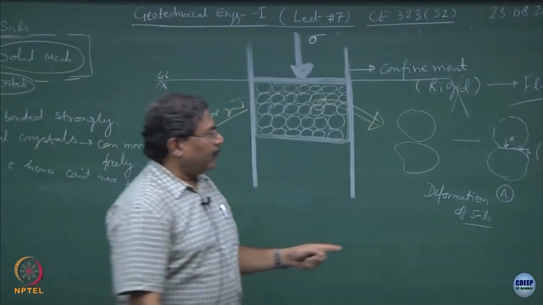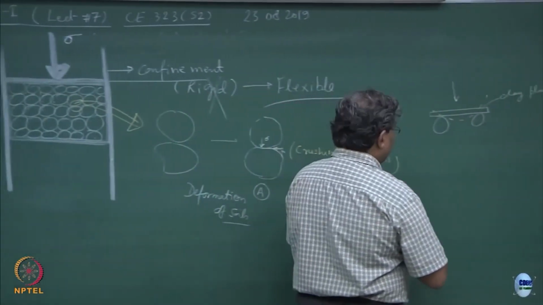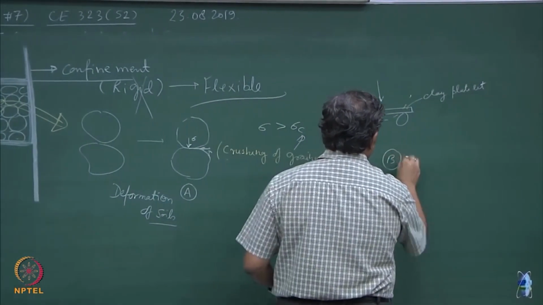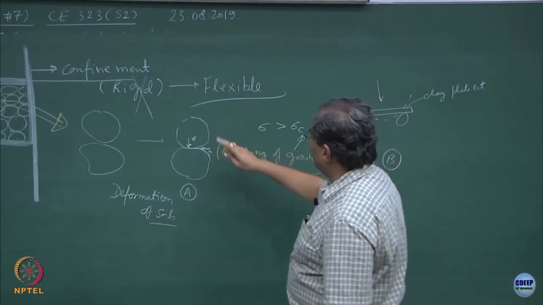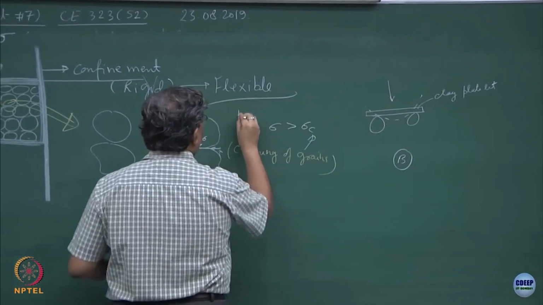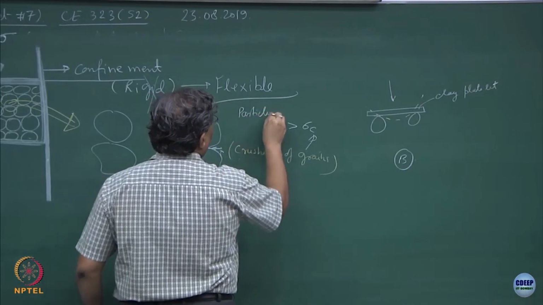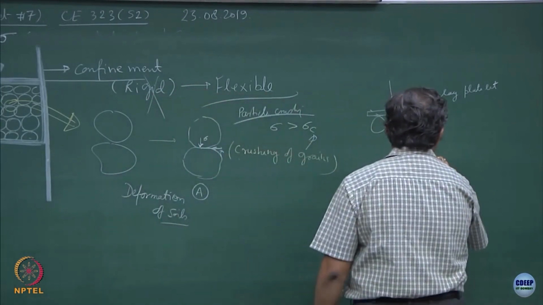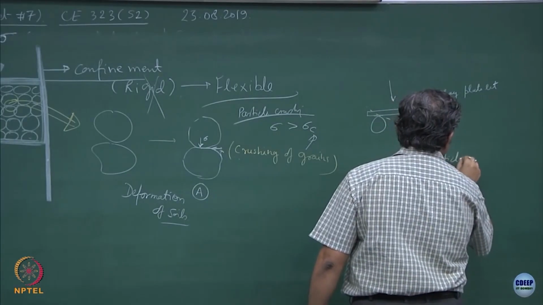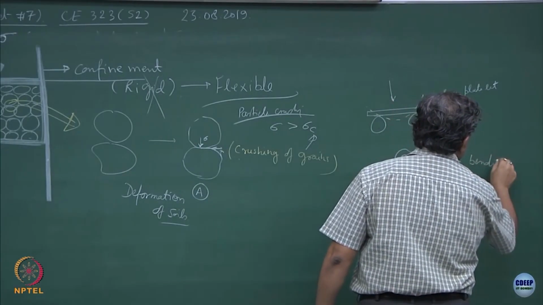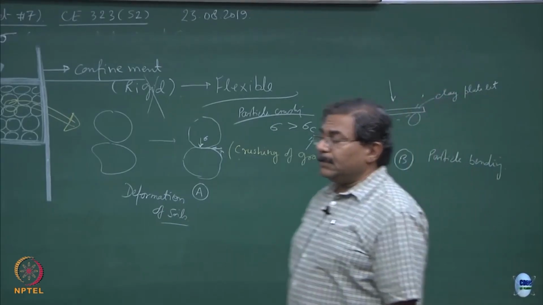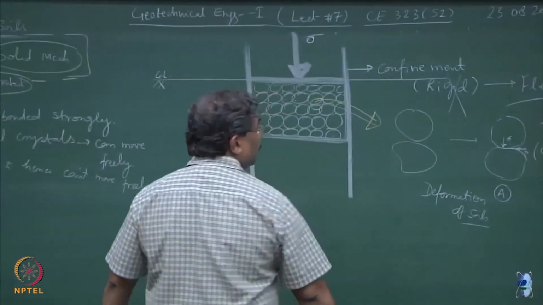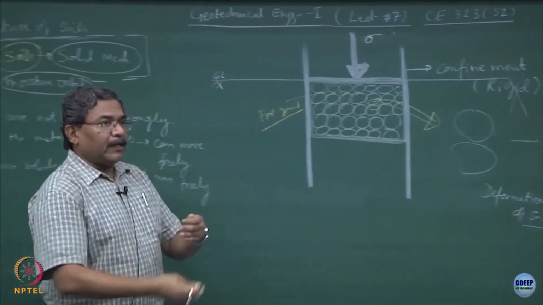So this is the second deformation mechanism for the soils. We call it as particle crushing. This is what is known as particle bending. And the third one is what is known as particle shearing or rolling.